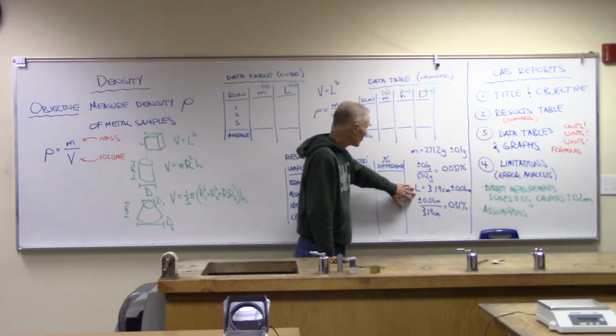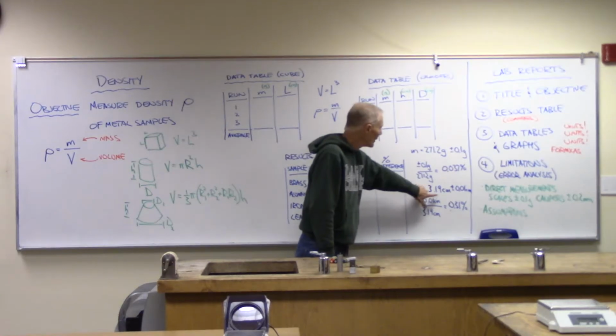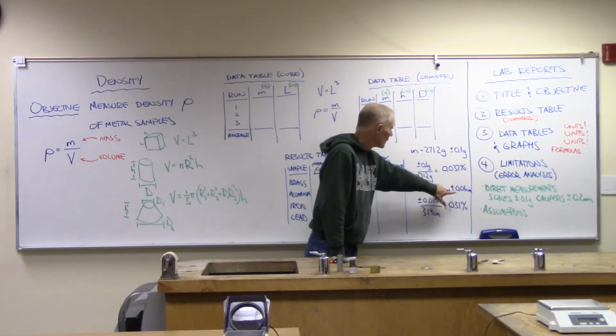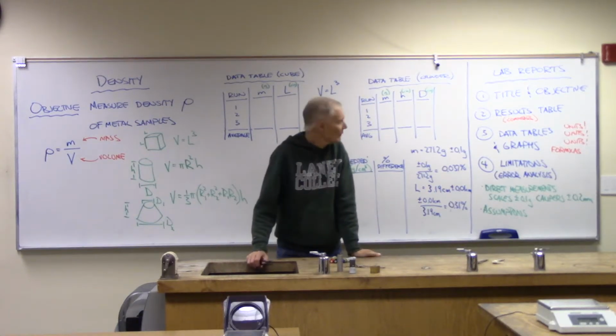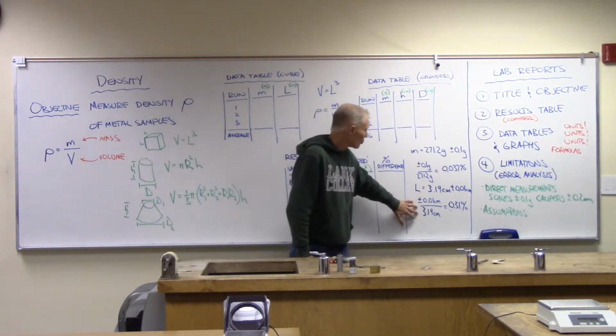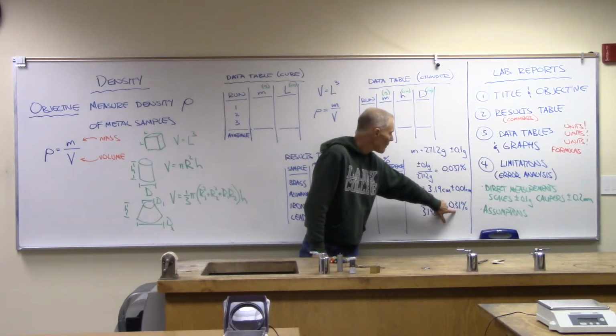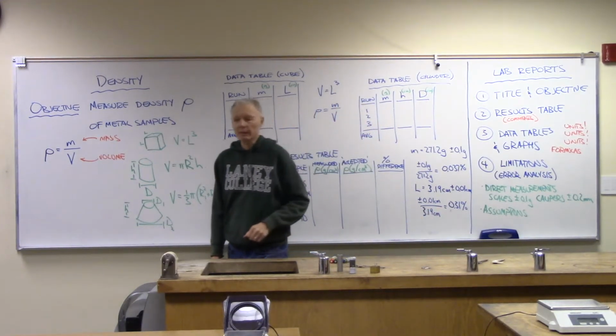Now with the length, what I just read off was 3.19 centimeters for the cube, plus or minus 0.01 centimeters. Now that works out in terms of relative uncertainty to be about 0.3%.